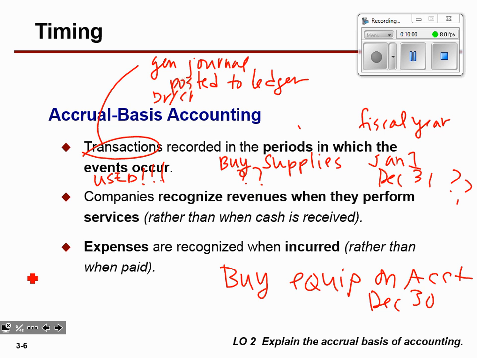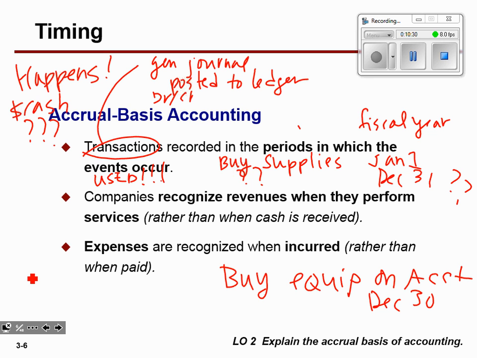What you need to know about accrual basis accounting is we are recording all of it as it happens, whether the cash is there or not. So cash is kind of a question mark. In a minute, we're going to talk about cash basis accounting, and then yeah, cash is king. This applies more to say ARs and APs.